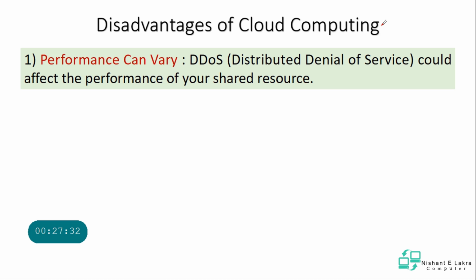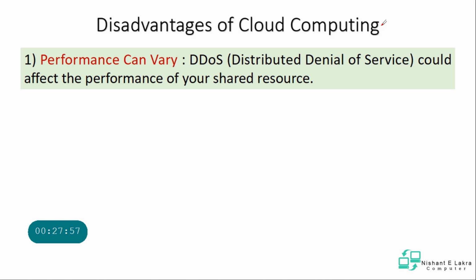So what happens? There is denial of service. So performance can vary. But if you are having a good internet service, and there is no server problem at the other end, then there will be no problem. This is one of the disadvantages of cloud computing, but this can be resolved.